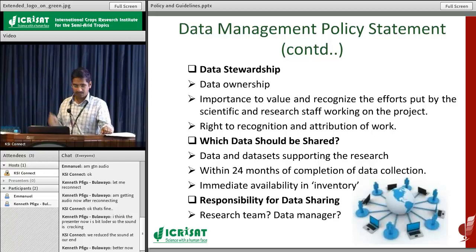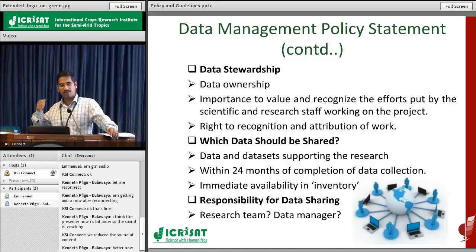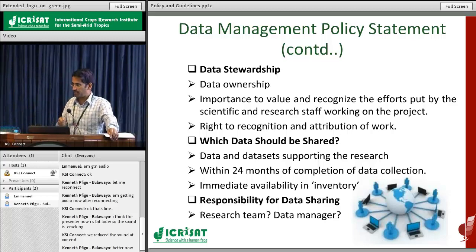There should be a single point of contact, even for the data-related activities, so that whatever questions, problems, or challenges come out of the whole process, someone can contact the data management unit, or for the curation part, they can contact the statistician, or if there is any kind of dispute in between.